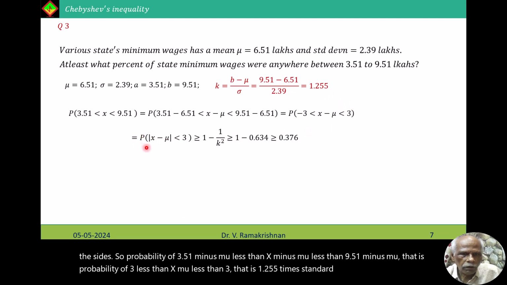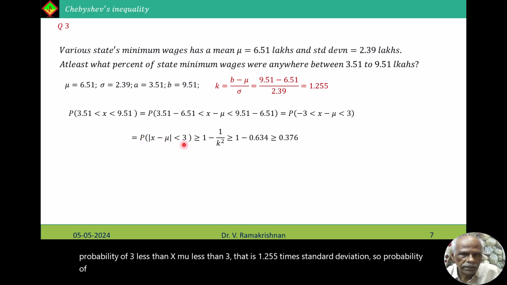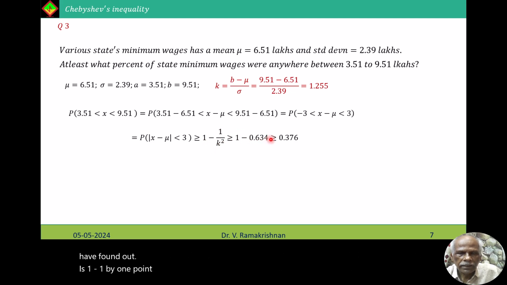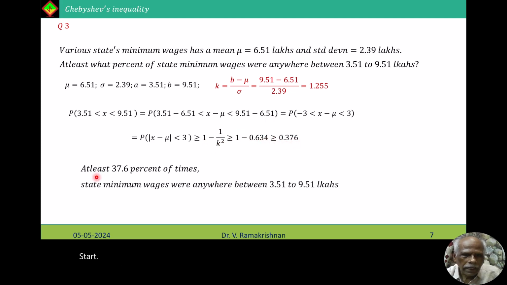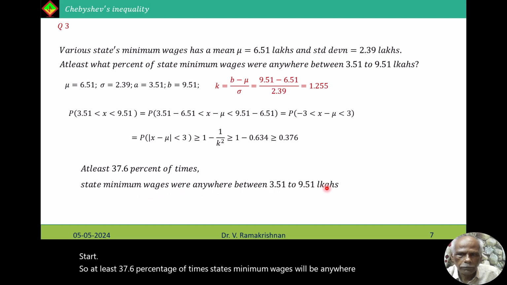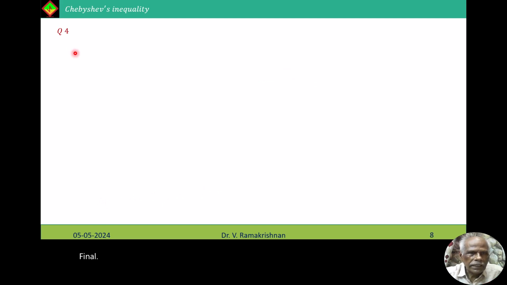So probability of modulus of x minus mu less than 3 is greater than or equal to 1 minus 1 by k squared. K we have found out, that is 1 minus 1 by 1.255 squared, that is greater than or equal to 0.376. So at least 37.6% of times states' minimum wages will be anywhere between 3.51 to 9.51 lakhs. We will see the last problem.